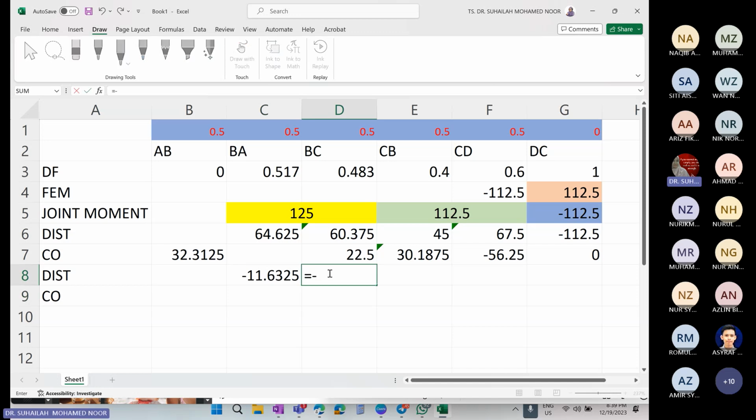So this one, negative, because we have to change to joint moment. That's why we put negative here. Okay, so total moment means 0 and 22.5. That is the total moment at joint B. We have to times with the distribution factor for BC.